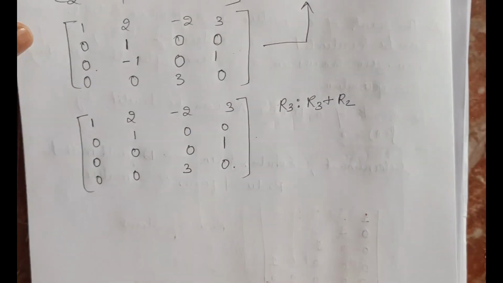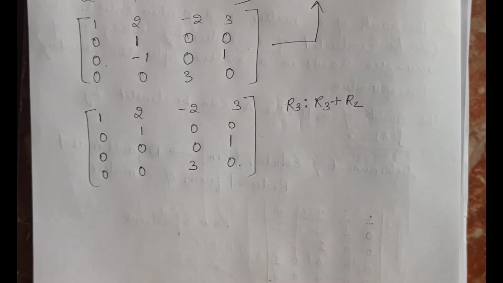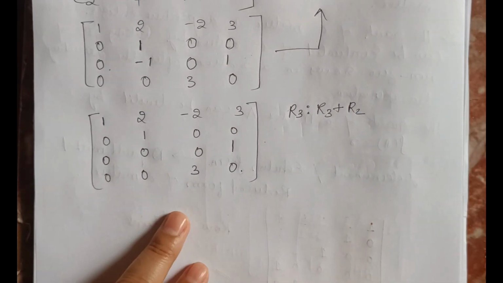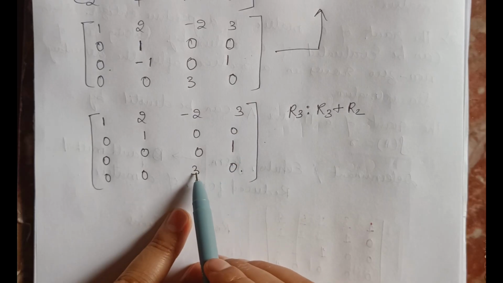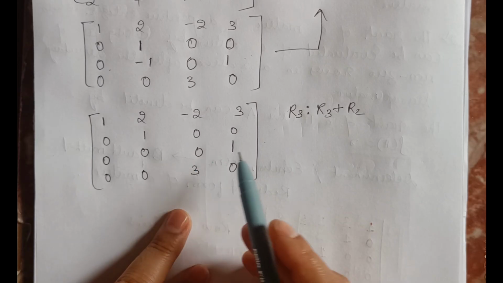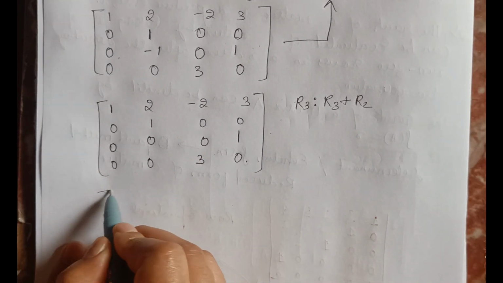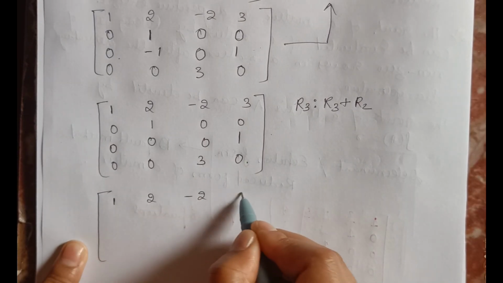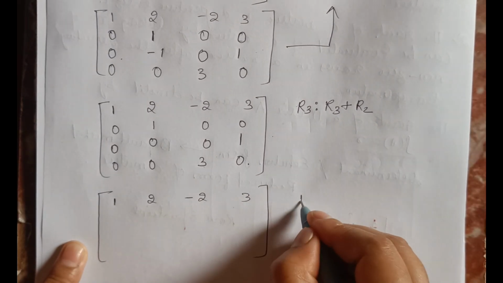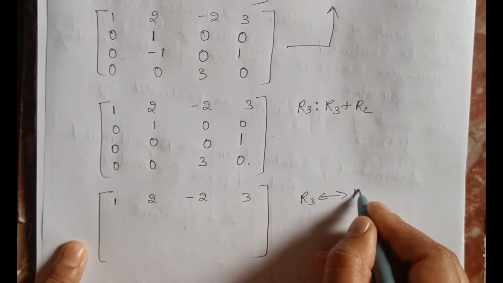What I'm doing is, this non-zero number, the third one, I have in the last row. So let me just interchange the rows. Row 3 I'm interchanging with row 4.